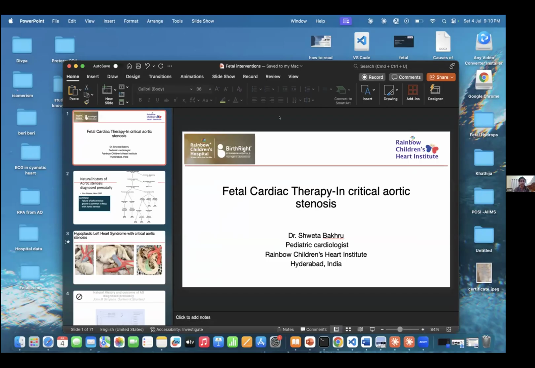Whereas for the 30-week cases you have shown, it's a good idea to see the postnatal outcomes, whether they had undergone any balloon dilatations after birth, and how they behaved. We all will get more idea. Maybe you can share during your discussion points.